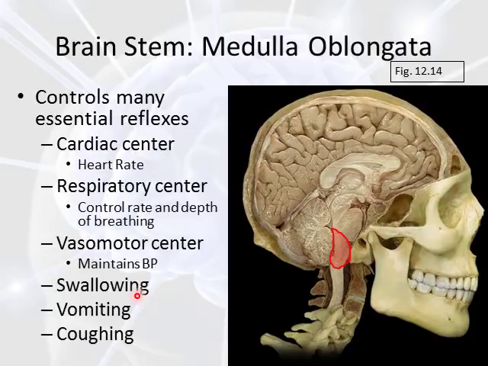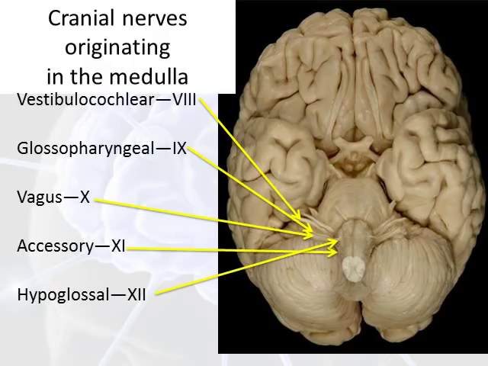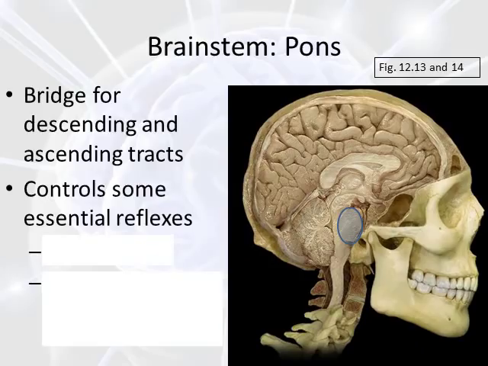Also, reflexes for swallowing, vomiting, and coughing are all regulated by the medulla. We also have 5 cranial nerves that originate from the medulla, and those are shown here. We'll talk more about the cranial nerves in class on Wednesday.